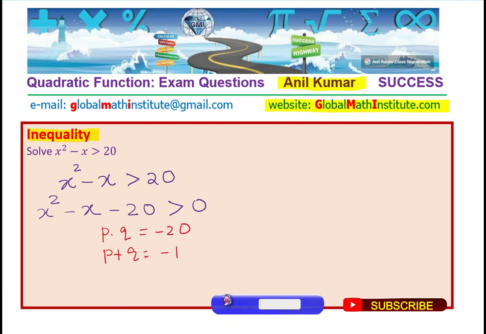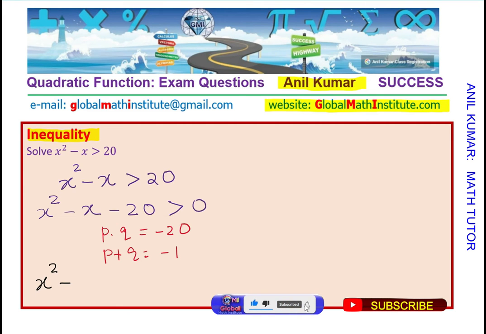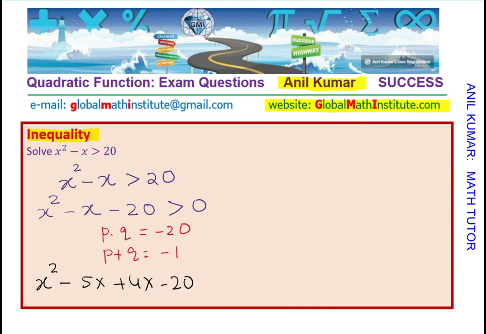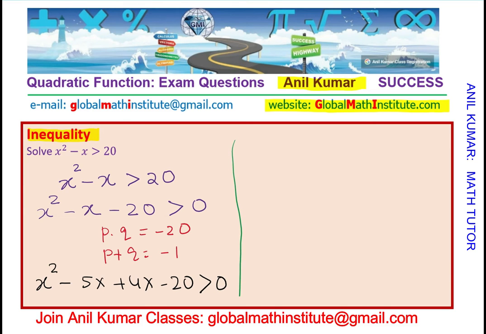So we can now factor this as x squared minus 5x plus 4x minus 20, greater than 0. You could straight away also factor this. I haven't done it on purpose here, but we could have written directly the factored form, which is x minus 5 times x plus 4 greater than 0.